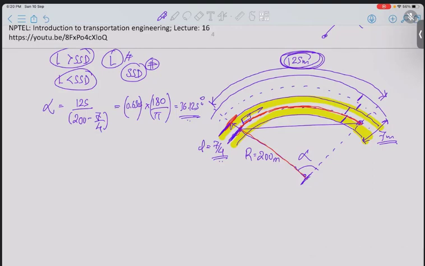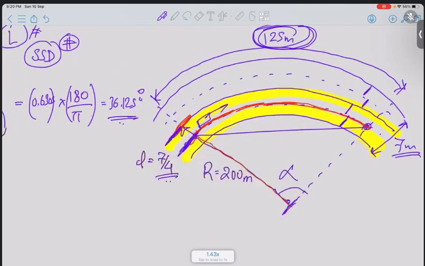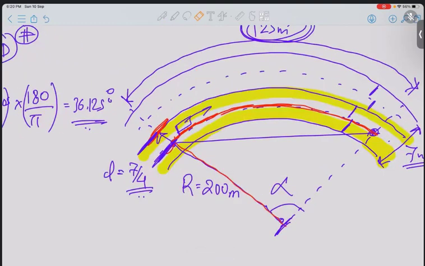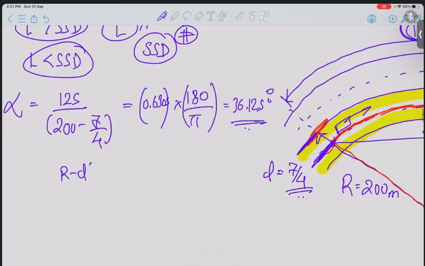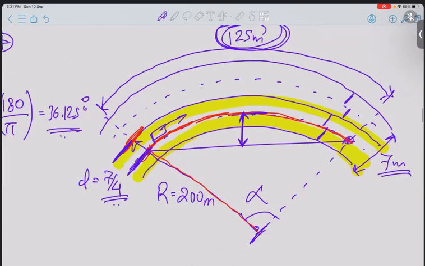We have to calculate the setback distance from the center line of the inner lane. So this is the distance we want to calculate, right? What is this distance? This is nothing but the reduced radius, that is r minus d, minus this component. If we assume symmetry, this is alpha by 2 and this is r minus d.